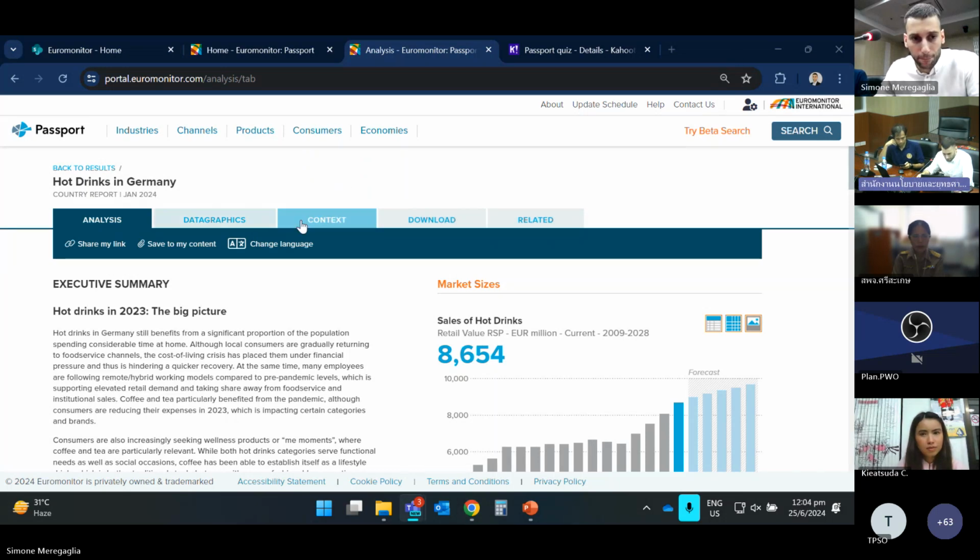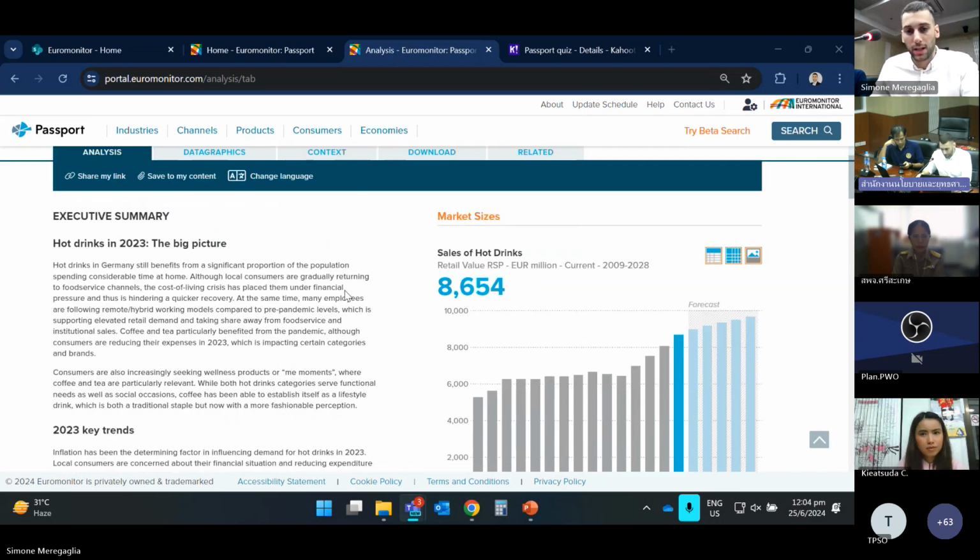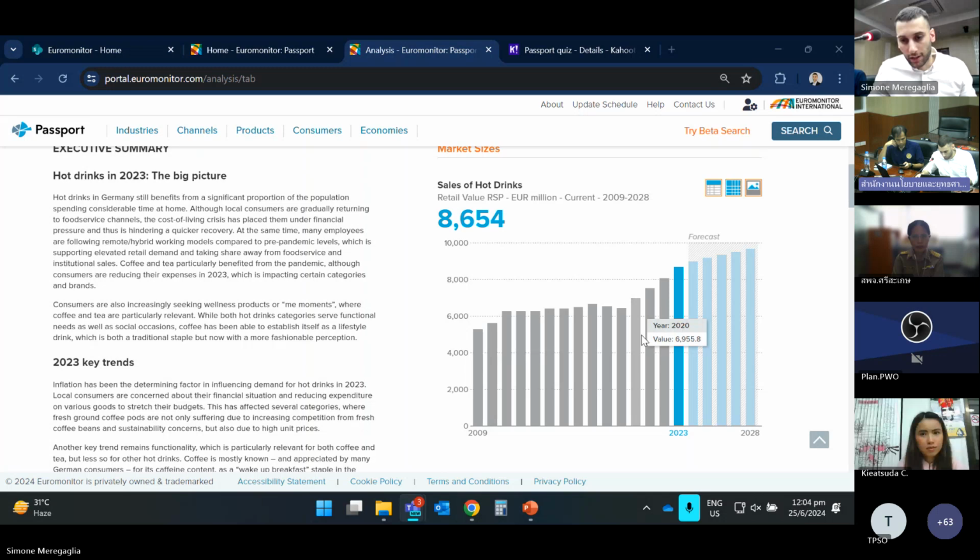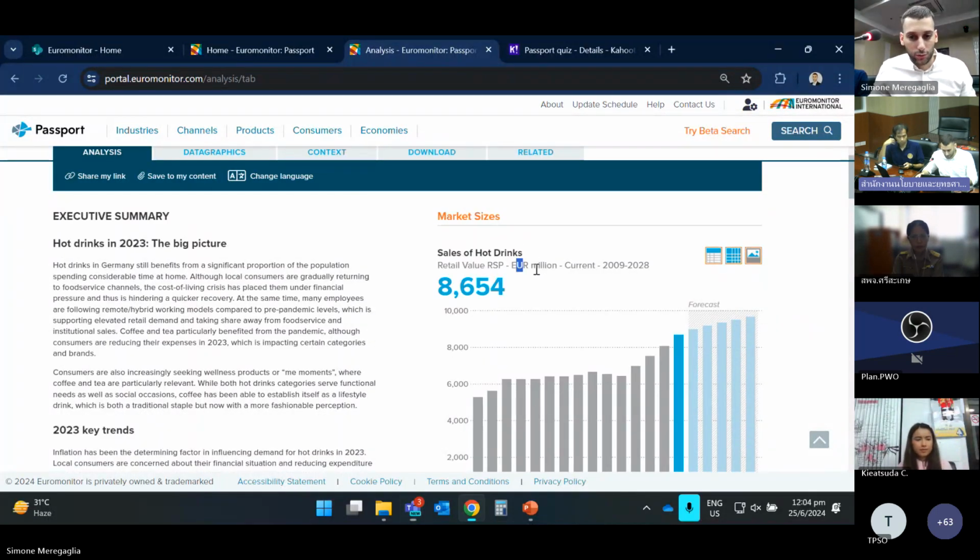For hot drinks in Germany, for example, we looked at market sizes. Earlier in the example, we looked at Indonesia. Here is Germany. The latest available historical year is highlighted here, which is 2023. And then the growth forecast, in this case, is in euro million.